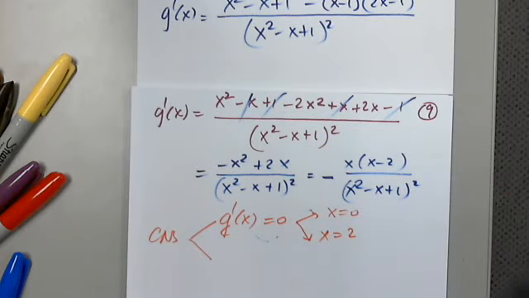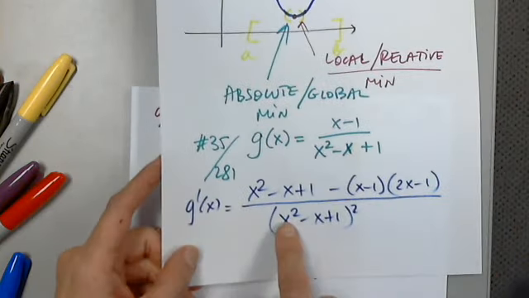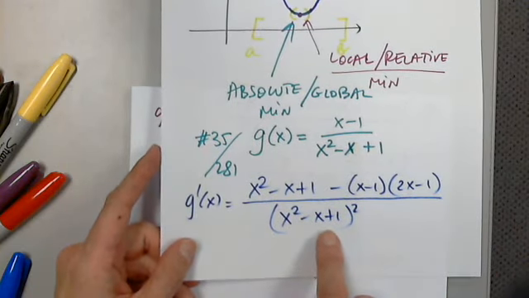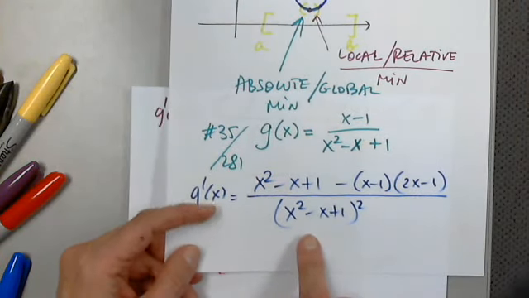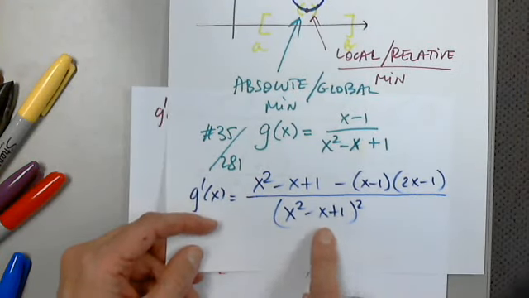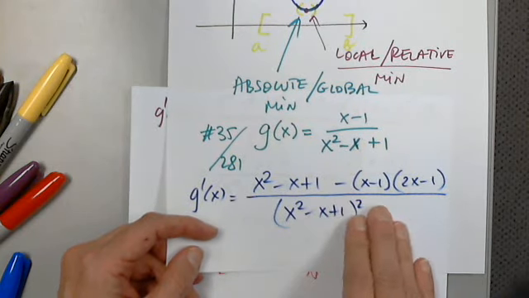Also, critical numbers come from g prime of x being undefined when g of x is defined. But even if this denominator could be 0, which it cannot, right? If you use negative b plus or minus the square root of b squared minus 4ac, you will have imaginary solutions. This is never 0.